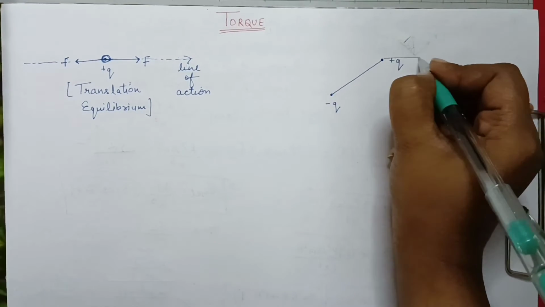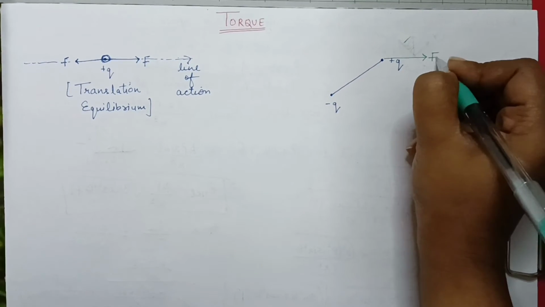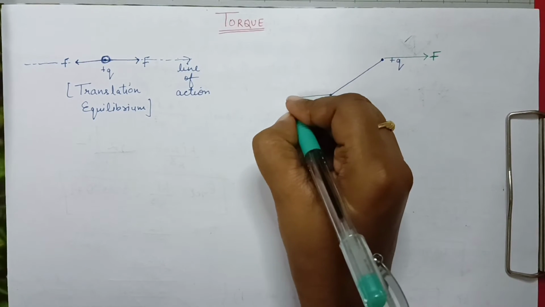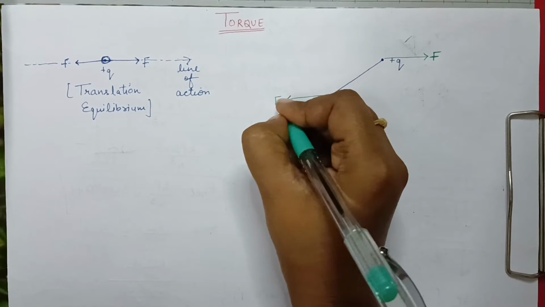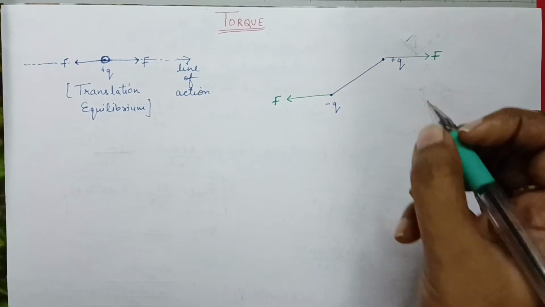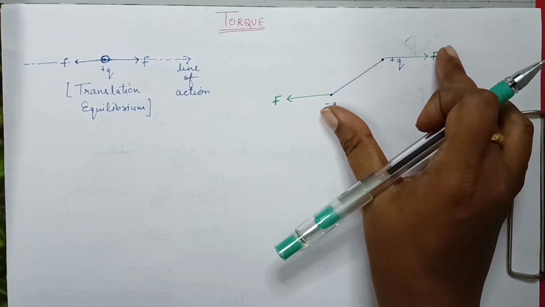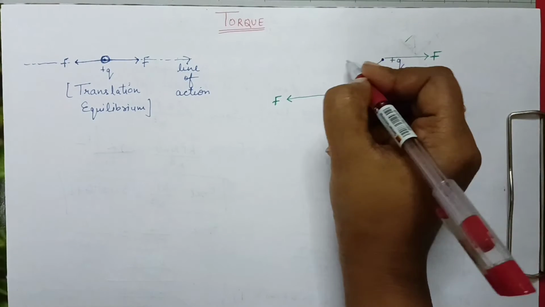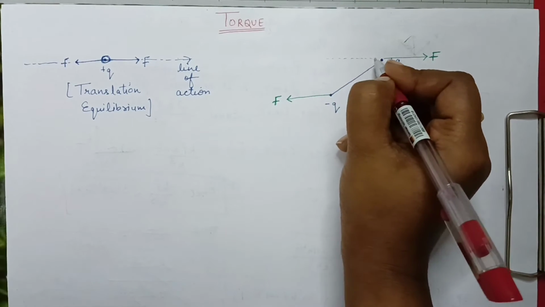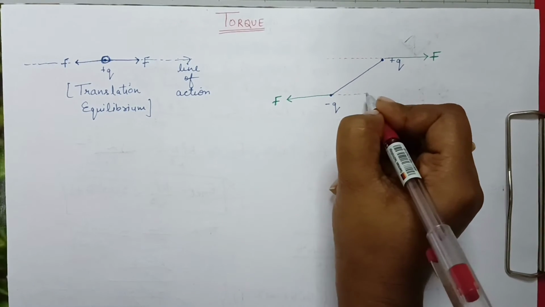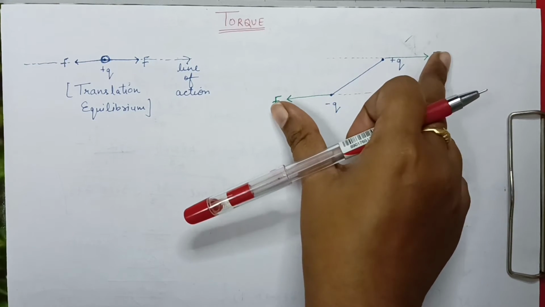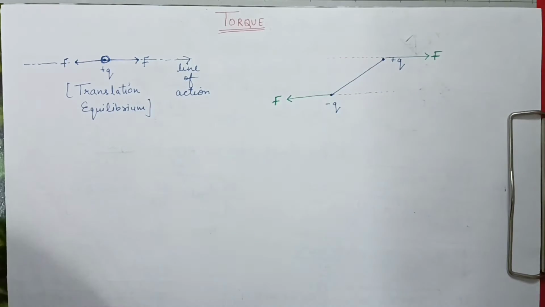One force is acting in this direction, this is force F. Another force is acting in this direction, this is also F. Both have the same magnitude and opposite direction, but their lines of action are different. This is the line of action for this one and this is the line of action for this one, but both are the same in magnitude and opposite in direction.